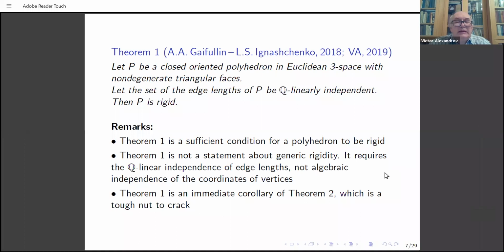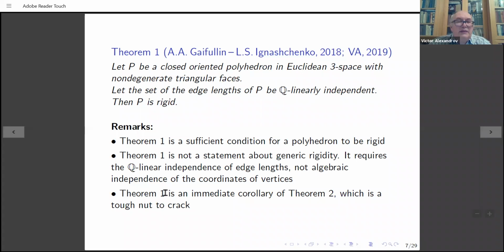The main difference is that it requires the Q linear independence of edge lengths, not algebraic independence of the coordinates of vertices. This theorem is close to what is known as generic rigidity, but it's another statement.